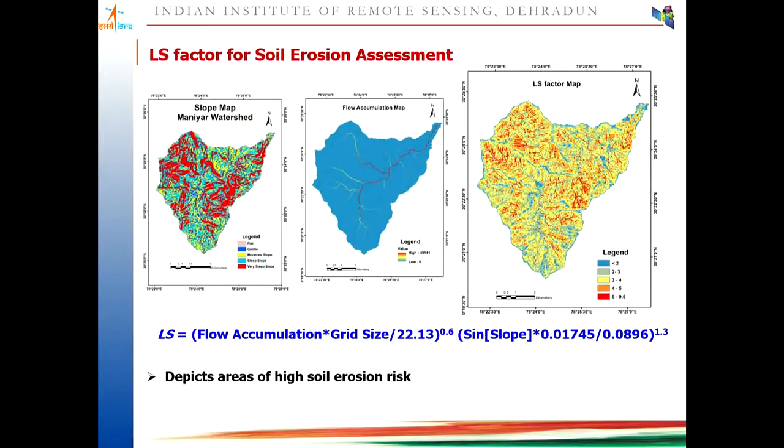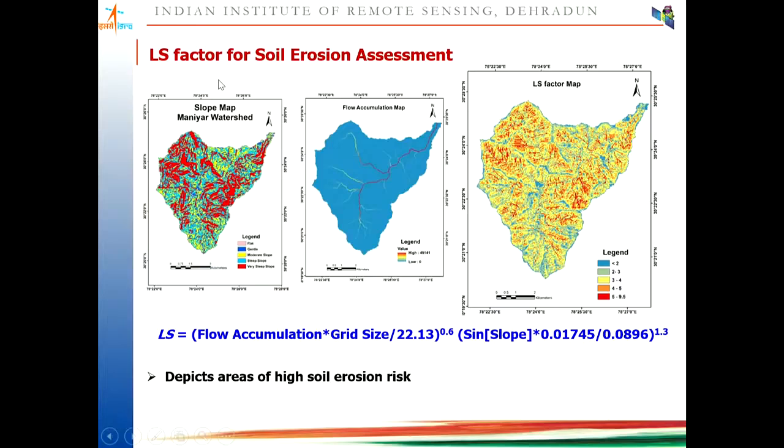I told you that one of the important parameters we extract for our soil erosion assessment is the LS factor, where L means slope length and S means steepness of the slope. So length of the slope and steepness of the slope together are known as the topographic factor.